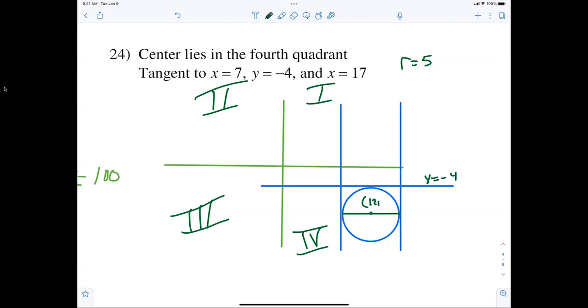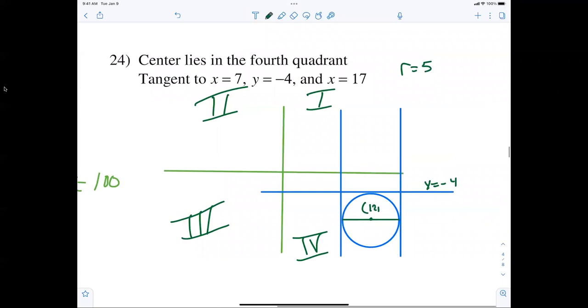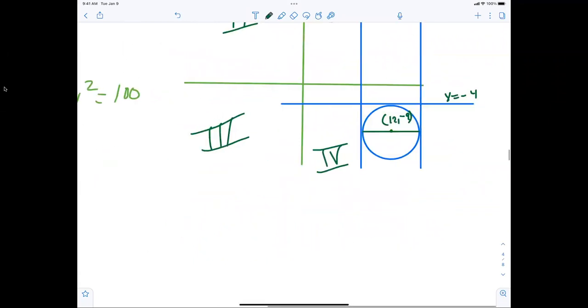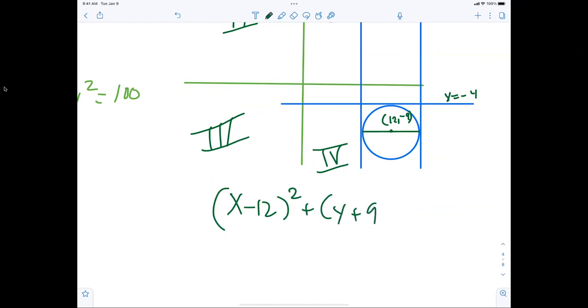So the y value would end up being what? -9. All right. So now we know the equation is what? X minus 12 squared plus y plus 9 squared equals 25. All right. Anybody have any issues with that now? Anybody? All right. I am pretty happy with that.